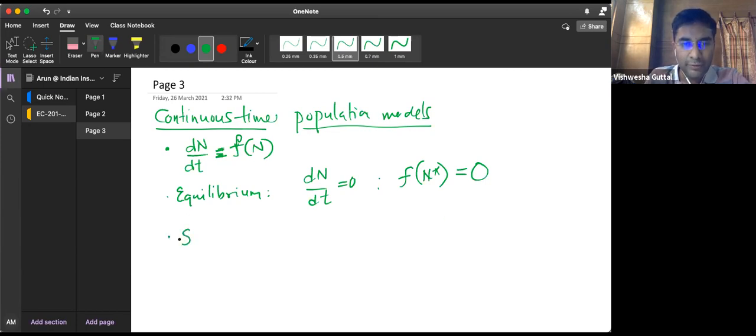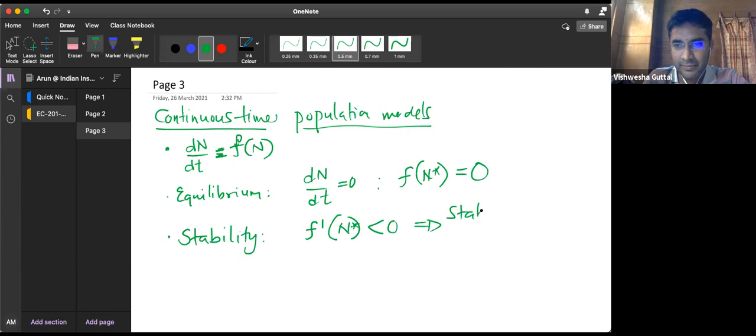Now how do we find stability? We calculate the derivative of the growth rate function at the equilibrium and check if it is less than 0. If it is, we say it's a stable equilibrium. If it is greater than 0, we say it's an unstable equilibrium.